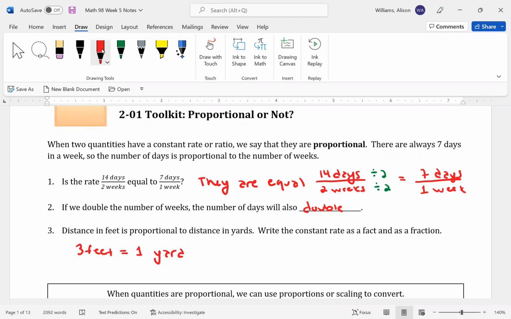That would be how I'd write that as a constant. As a fraction, you could write 3 feet over 1 yard. Or you could even switch it if you wanted, 1 yard over 3 feet.